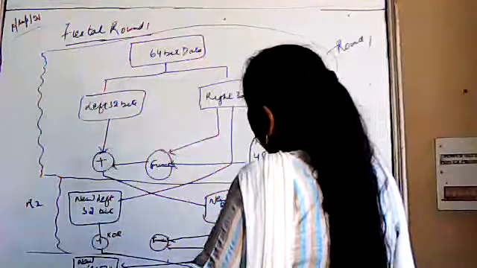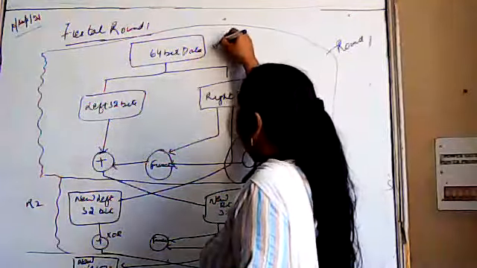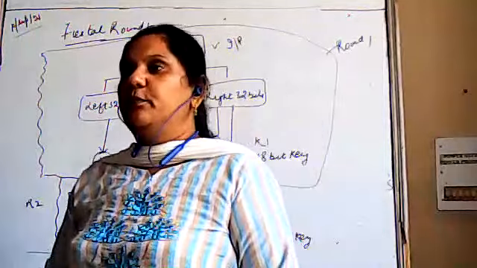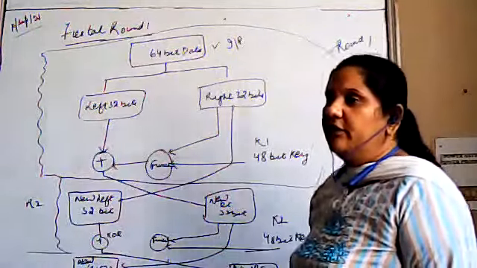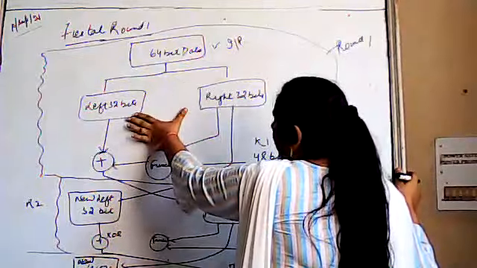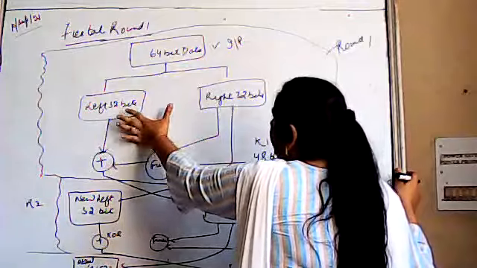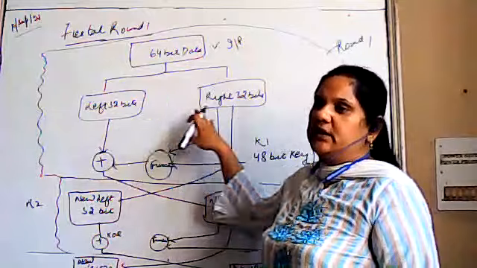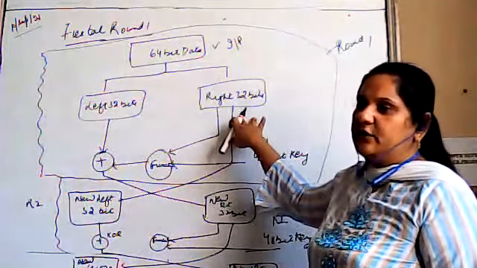See, first of all, 64-bit data is the input. DES accepts the input of 64 bits. Then we divide this data into two equivalent parts of 32 bits each. One we have named left 32 bits, another part we have named right 32 bits.